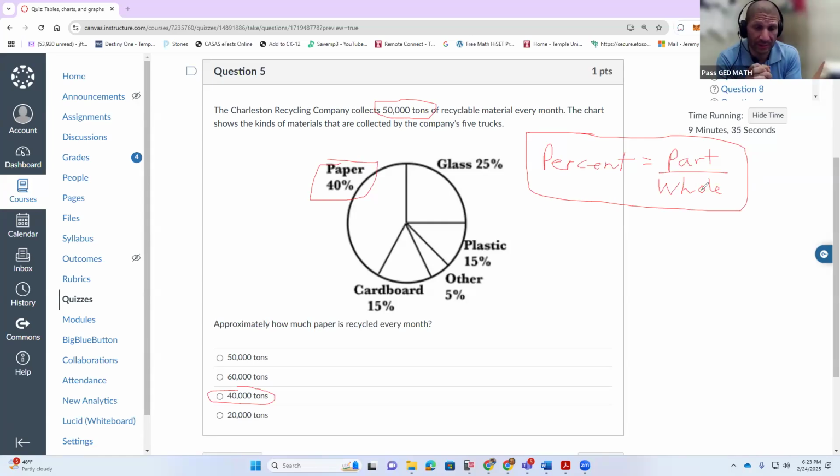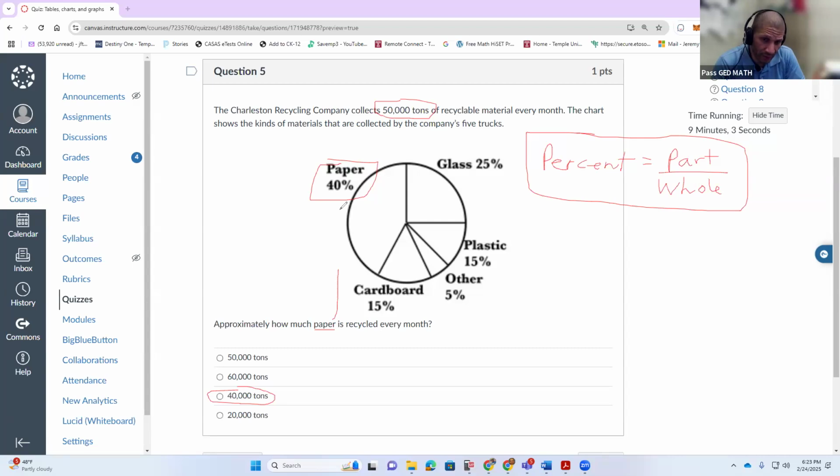Do we know what the percent is? Yes, we do know the percentage. Which is what? Look at what it's giving you: approximately how much paper is recycled every month.